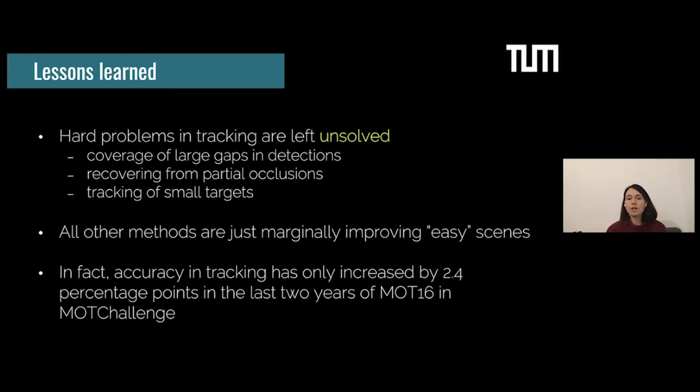In fact, we saw that in the last 2 years of the MOT challenge, in the MOT16 and 17 editions, the tracking accuracy only increased by 2.4 percentage points. 2 years to increase 2 percentage points, which means that people are really fighting for every point and not really solving the hard problems in tracking because, well, as the name says, these are really hard to solve and they mostly don't bring you any benefit in accuracy.